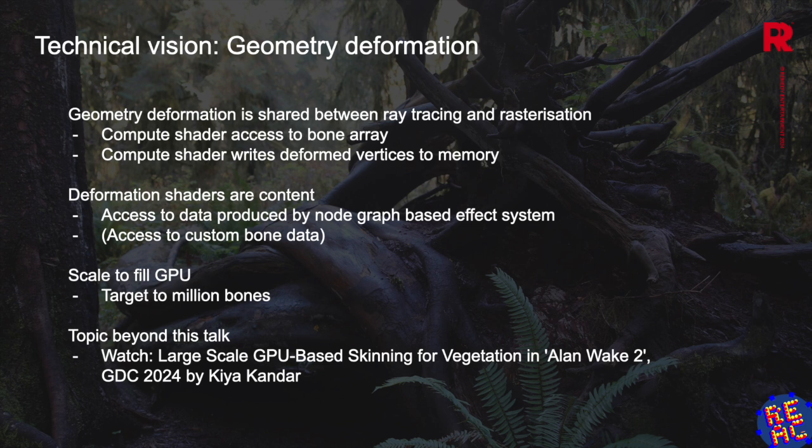Last but not least, we have deformation of geometry. As previously said, we wanted the forest in Alan Wake to feel physical and grounded. The best way to approach this kind of setups is to do proper deformation hierarchy and simulate the movement with some physics model.